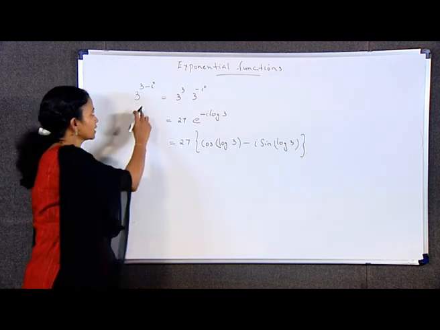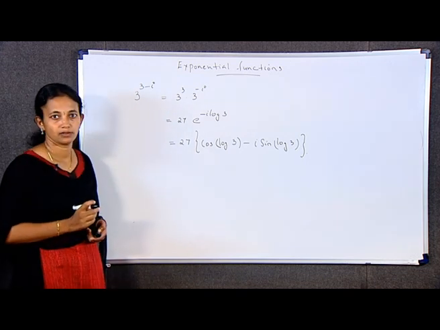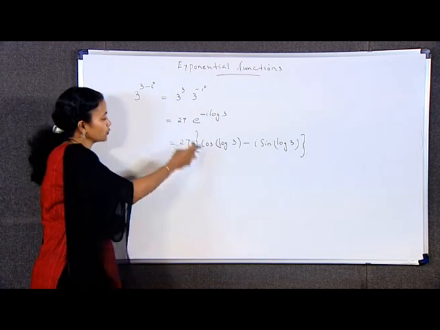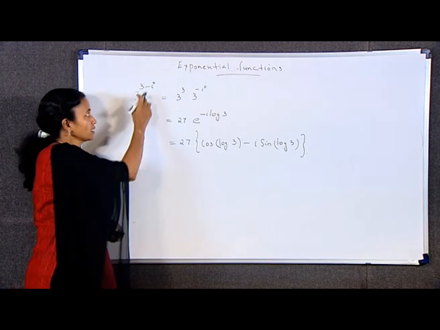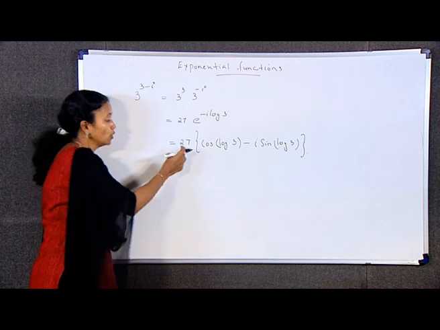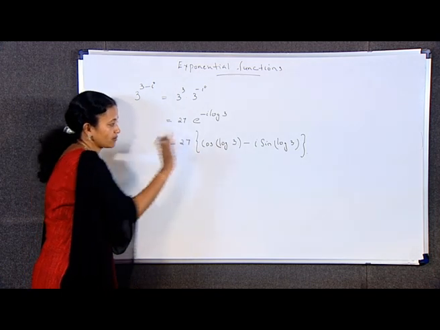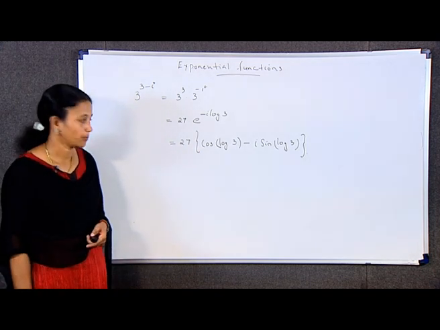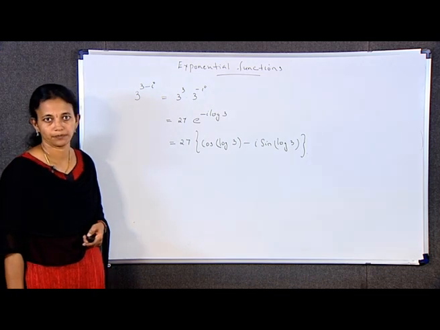Here I have to find the principal value of 3 raised to 3 minus I, which is very simple: it is equal to 27 into (cos log 3 minus I sin log 3).